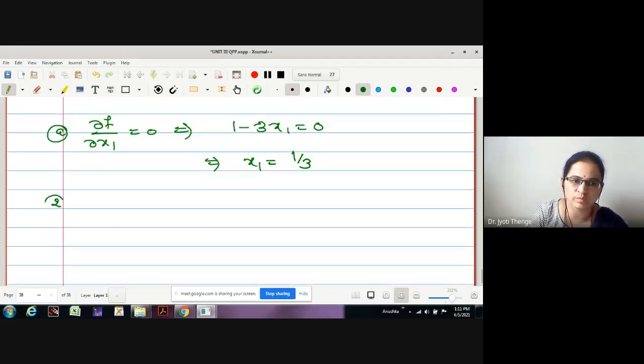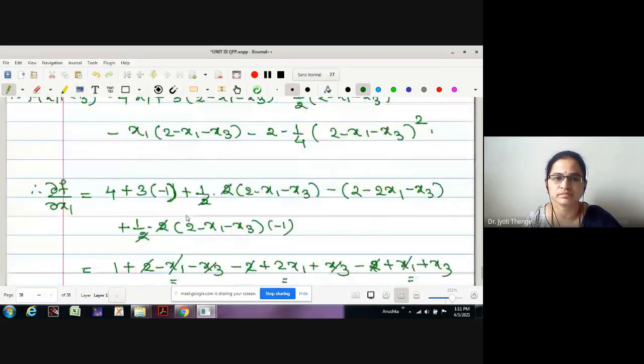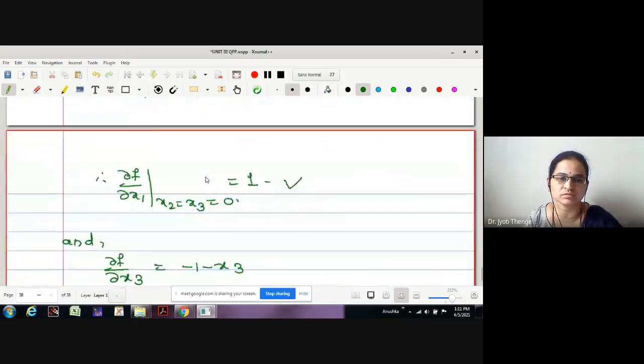Next, without making the present basic variable negative, right? Therefore, x2 equal to 1 by 2 into 2 minus x1 minus x3. No? 2 minus x1. x2 is half of 2 minus x1.